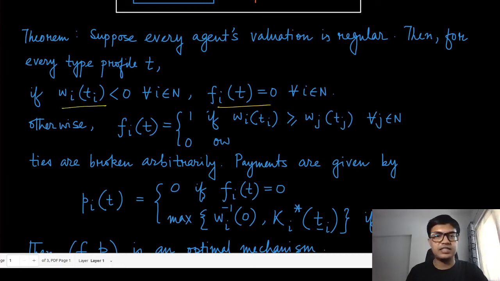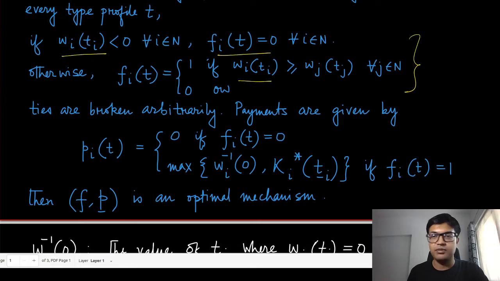Otherwise, if there exists at least one agent whose virtual valuation is non-negative, then we are going to give it to the agent who has the highest virtual valuation. So this is the second condition, and ties can be broken arbitrarily. Now once we know this allocation rule, we can find out what is the payment according to the payment formula that we have given in the characterization result.